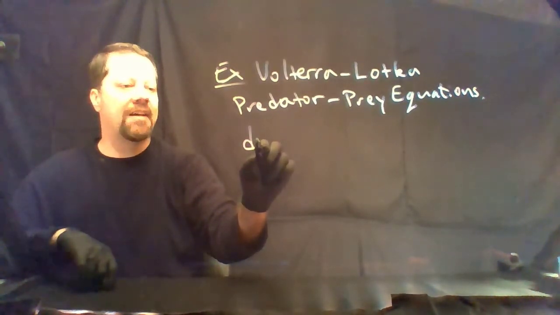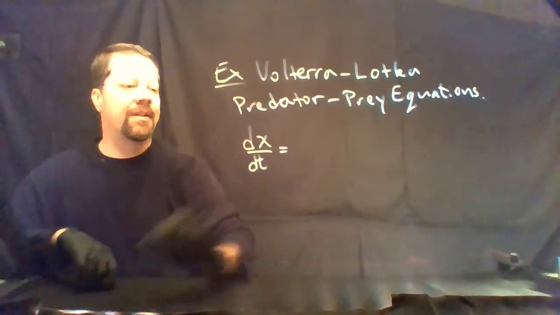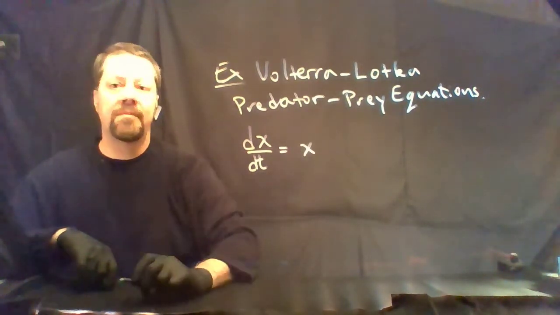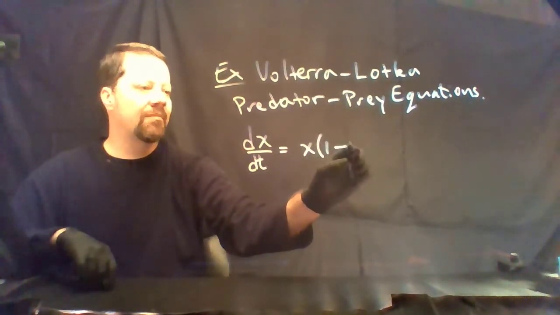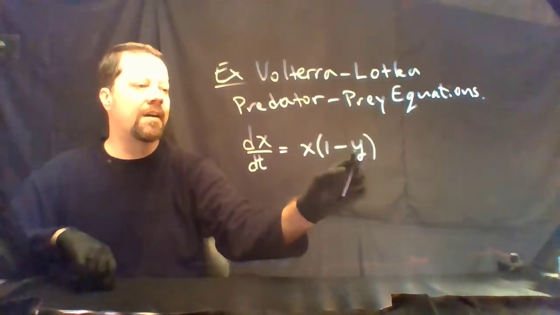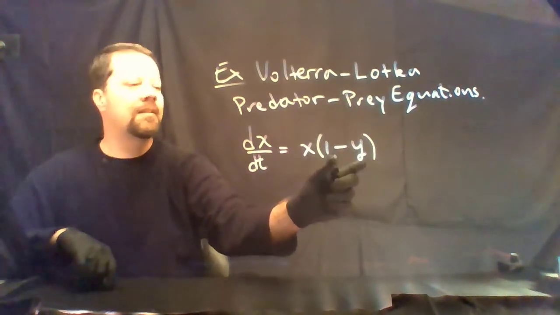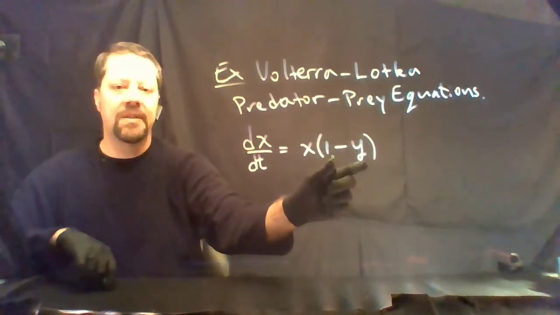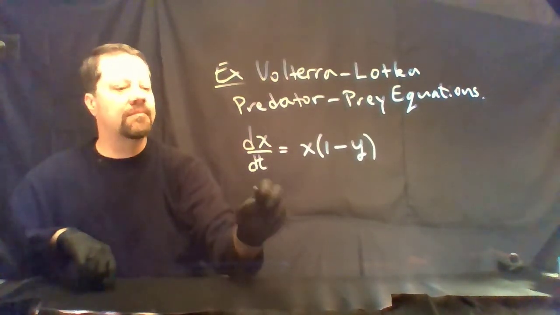Let's suppose that we have rabbits, and the rabbits will grow exponentially if left on their own. But if there gets to be too many foxes, if the number of foxes rise above 1, then this will become negative, and that will drive the rabbit population down.